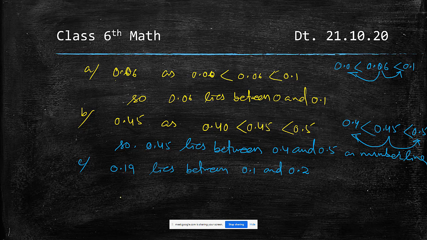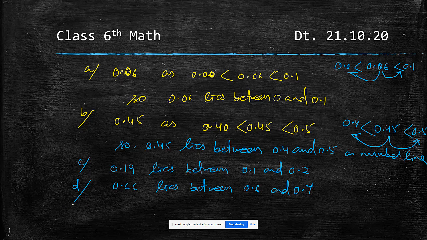Next example we will see. 0.66 lies between, tell me, 0.6 and 0.7. Any doubts?